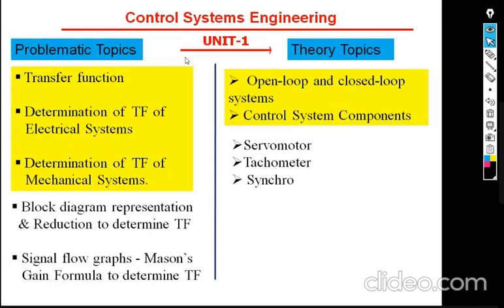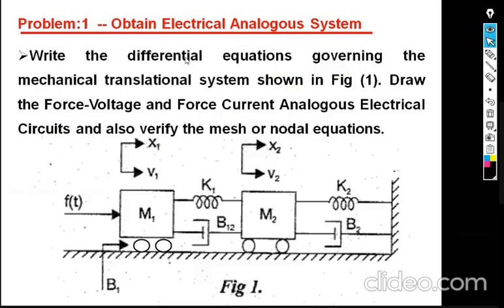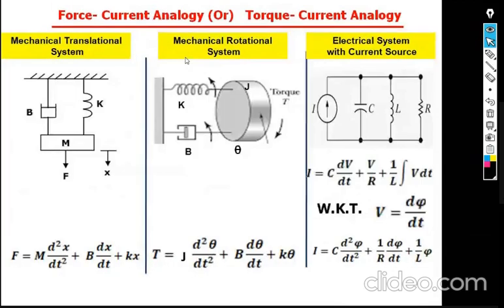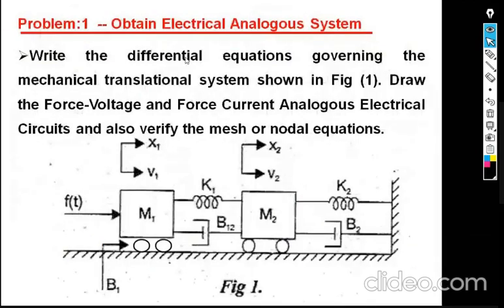But as a part of the exam, we have solved only for two meshes or two nodes or two variables, x1, x2 or theta1 and theta2. But in real time practice, if you observe the previous problem like this, here there are only two displacements.